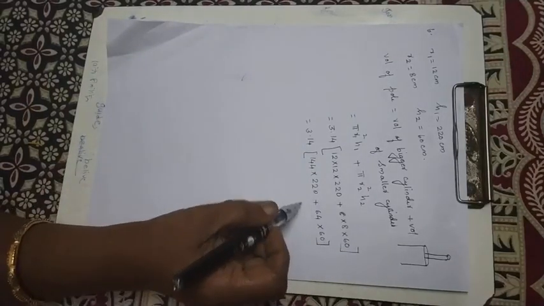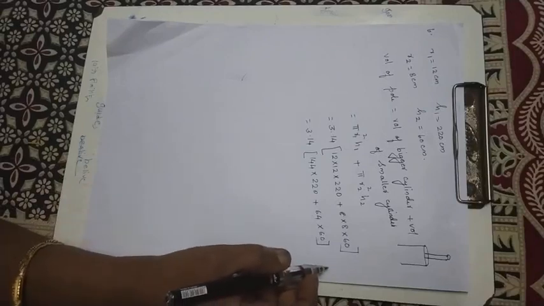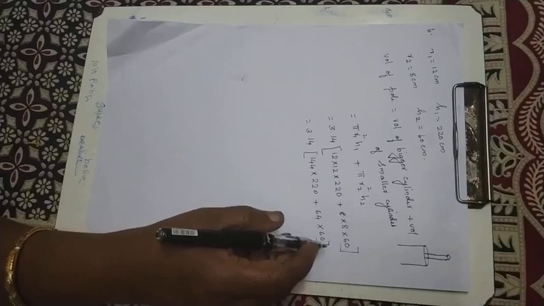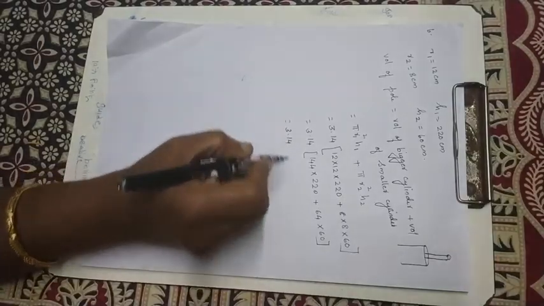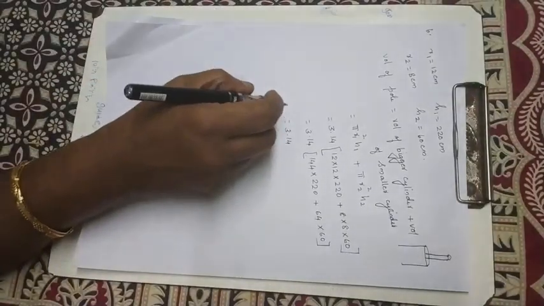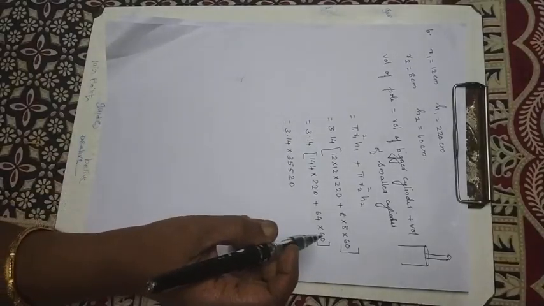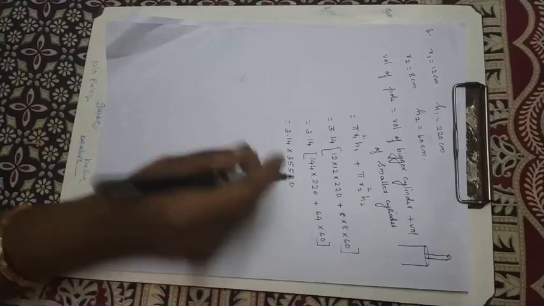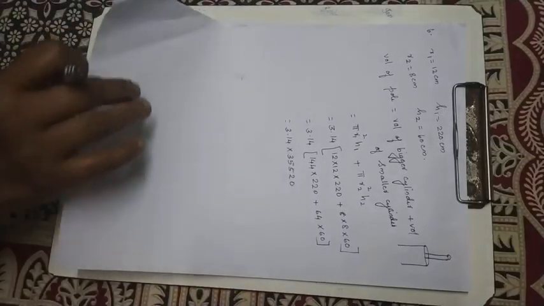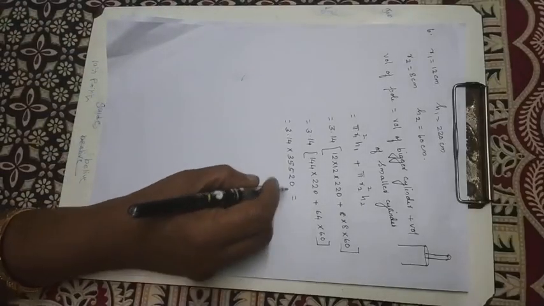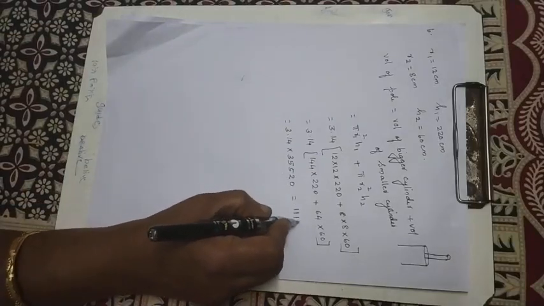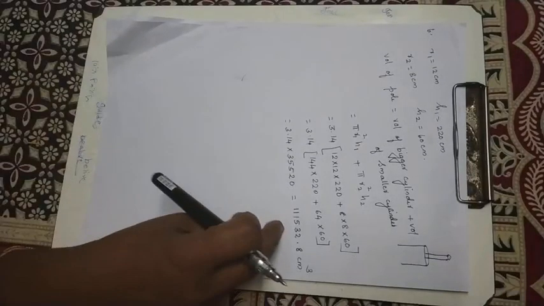Then the total value will be this much. So when you multiply that, you will get 1532.8, that much centimeter cube. Now this is the volume you are getting.